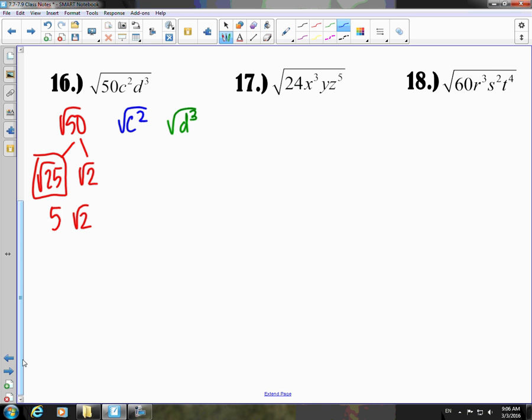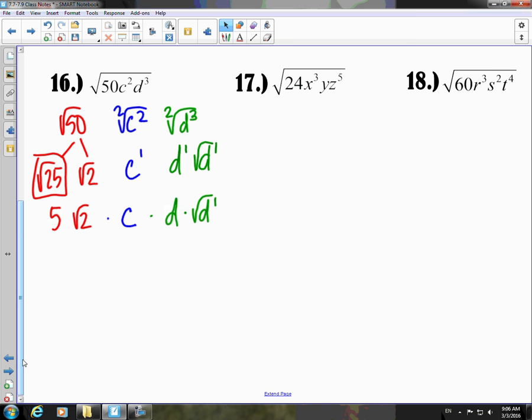So here again, there's a little 2 sitting outside, so 2 divided by 2 is 1, so those all come out as just c to the first, or just c. And we're going to multiply all of our answers here. Then I've got 3 here, so 2 goes into 3 one time with a remainder of 1 that stays on the inside. So I have times d and the square root of d to the first.